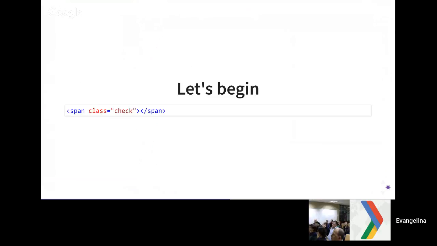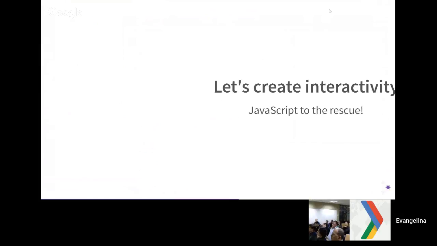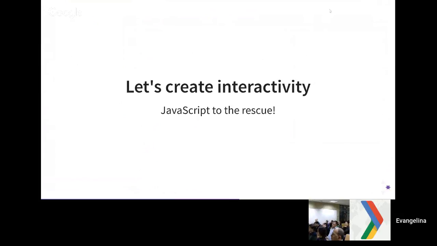We can use a span with a class of check. Then we need to style it. In this case, I'm styling the check element with some width, some height, and a border. And I am also creating a check active class for the check state, which is this one right here. Once we have this, then we can move into the adding interactivity part with JavaScript.